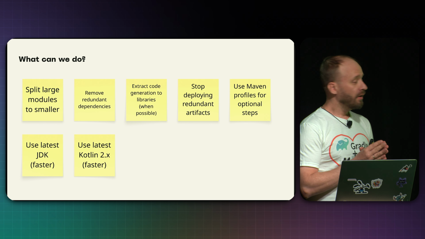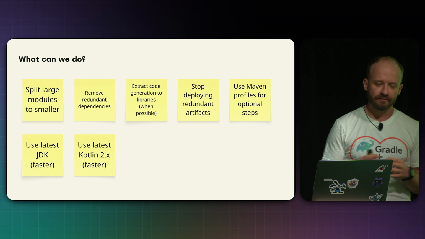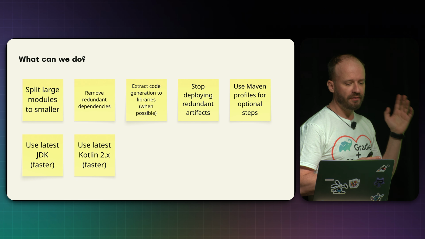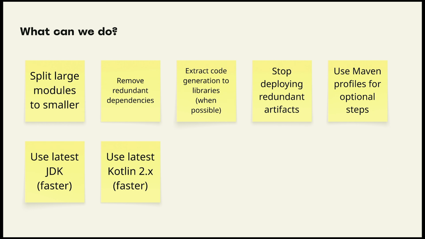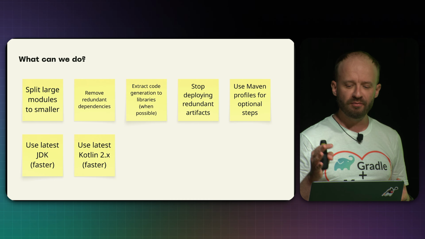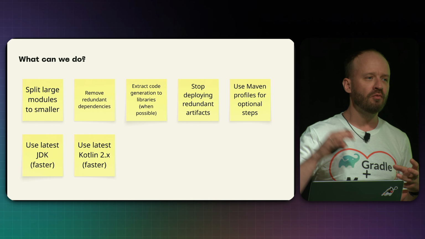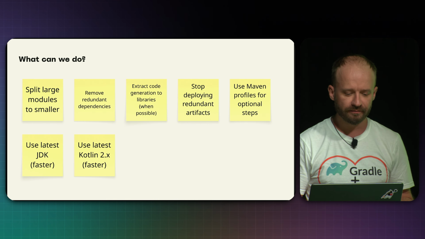So there are a few things that we can do. I think one of the most efficient ways is to split large modules into smaller ones, which will also allow removing redundant dependencies. You can extract code generation to libraries if it's possible, stop deploying redundant artifacts, use Maven profiles, and define more steps as optional.